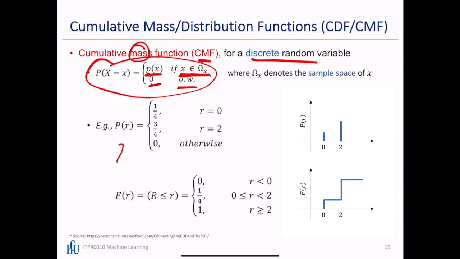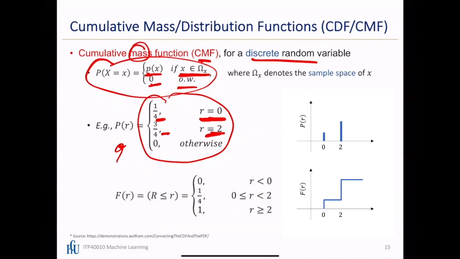So here is a more concrete example. In the previous slide, we talked about PMF. If we have a PMF like this, when R is 0, my probability is a quarter. And when R is 2, my probability is three quarters. It can be represented by 2 bars like this. And this is PMF. Now we are talking about CMF, and CMF is the accumulation of PMF.